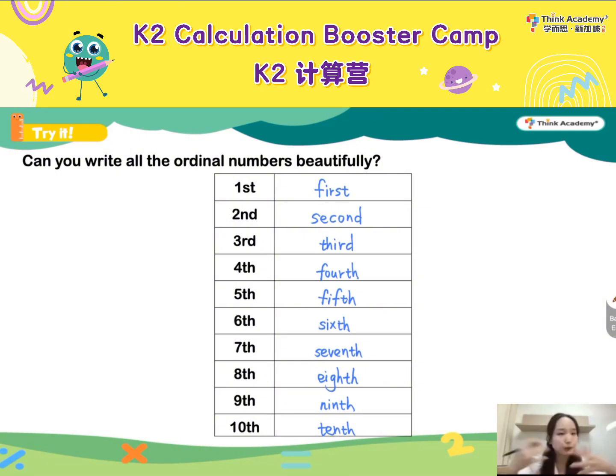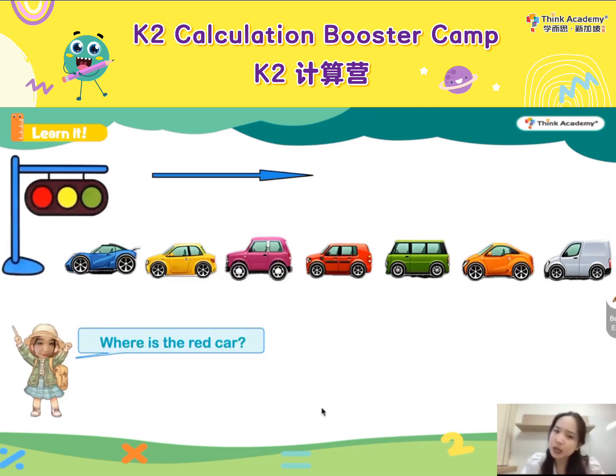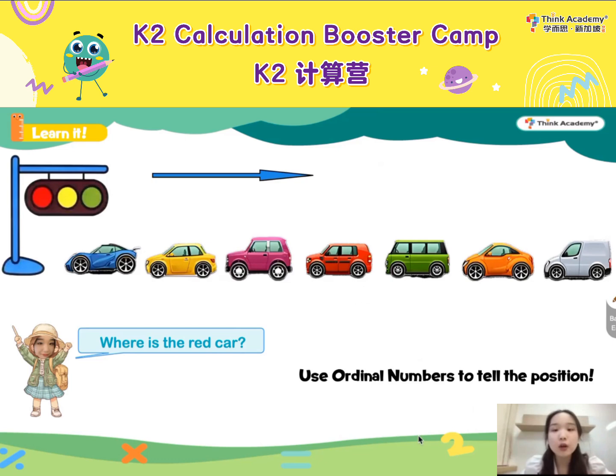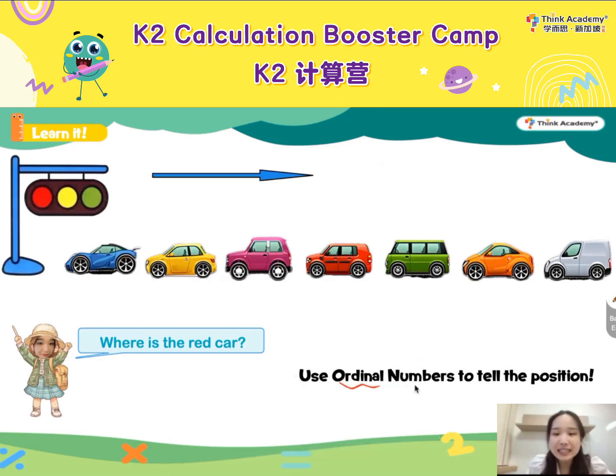So we know ordinal numbers can tell the rank of an object. It can also tell the position, right? So for all these cars waiting for the green light on the left, can you tell me where is the red car? This is the time that we use the ordinal number to describe the position.